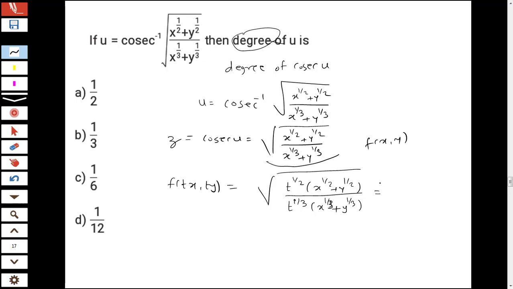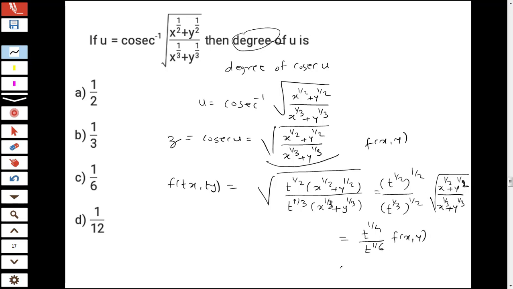So that will be t raised to 1 by 2 raised to 1 by 2 because of that root, divided by t raised to 1 by 3 raised to 1 by 2, and the remaining x raised to 1 by 2 plus y raised to 1 by 2 divided by x raised to 1 by 3 plus y raised to 1 by 3 will be as it is. So you can see that this is t raised to 1 by 4 upon t raised to 1 by 6, and this is f of xy again. So it is t raised to 1 by 4 minus 1 by 6 into f of xy.